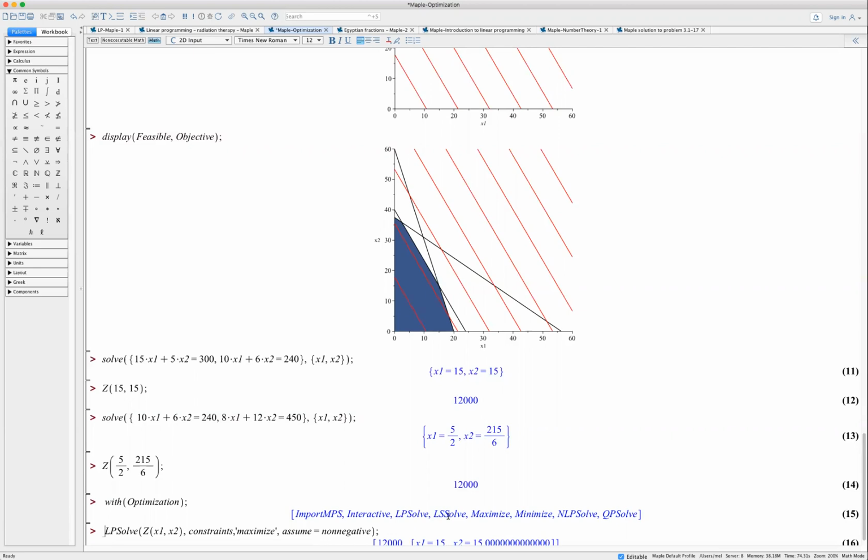And the one we're interested in is LP solve. Now you can always go to help. There's Maple help. Search for LP solve. And you get a lot of information about how to use this command.